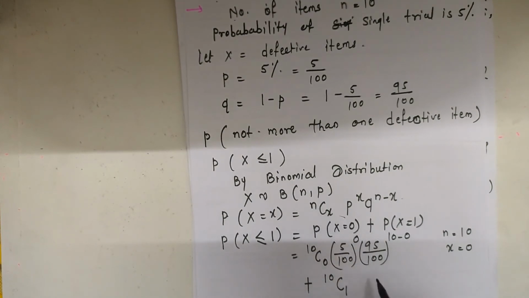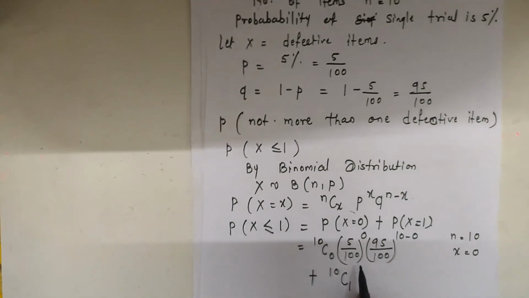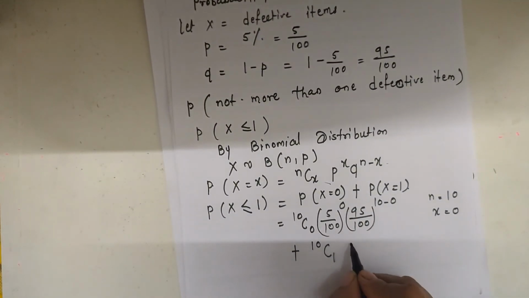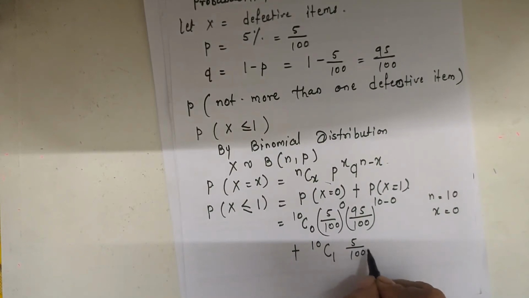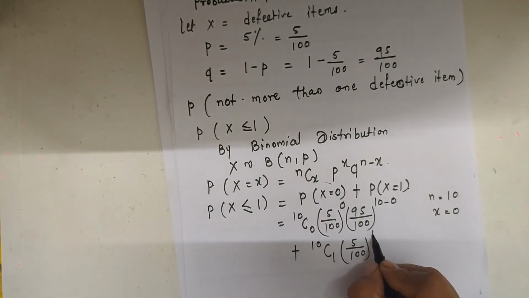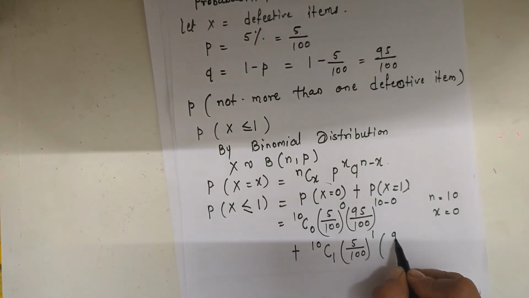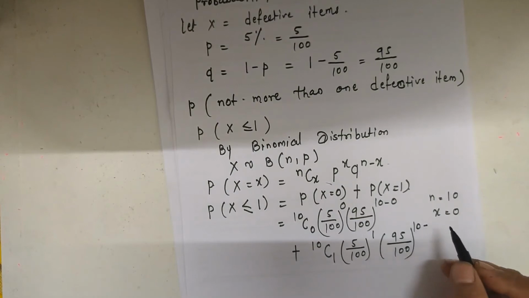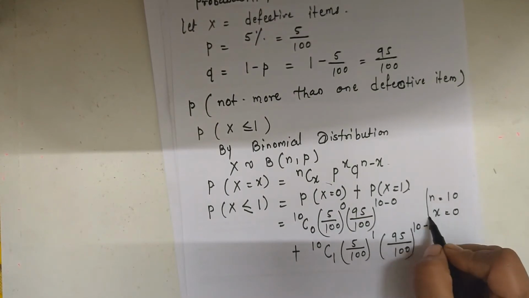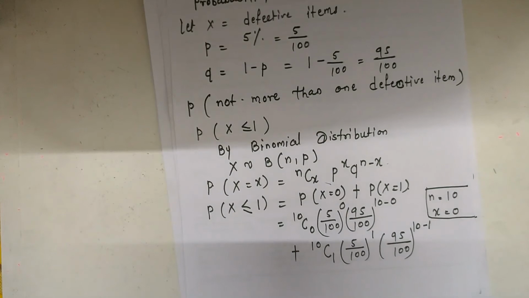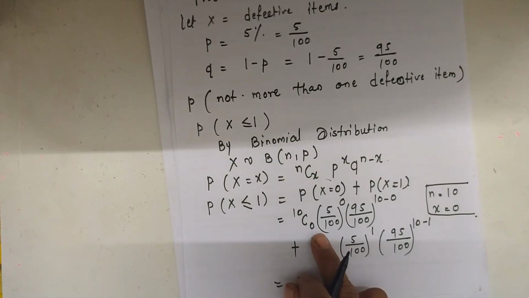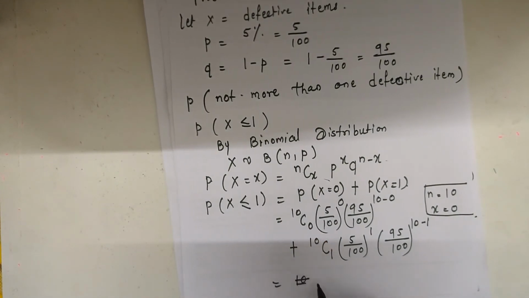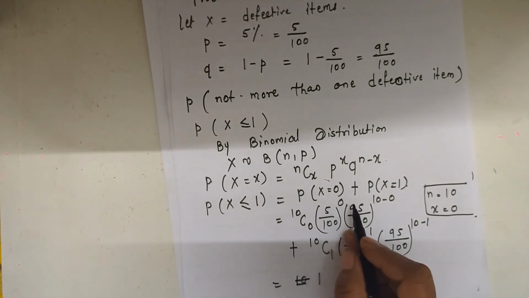10Cx, 10C1. Here x is equal to 1, so we can write 10C1 into p means 5 by 100 raised to x. Here x is equal to 1 and q means 95 by 100 raised to n minus x. Here n is 10 and minus x is 1. Now by calculating this, the value of 10C0 is 1, 5 by 100 raised to 0.